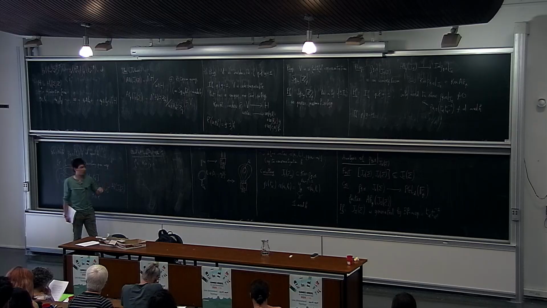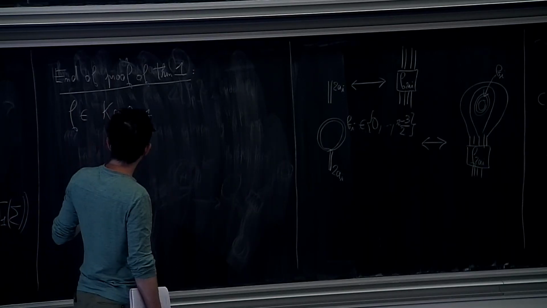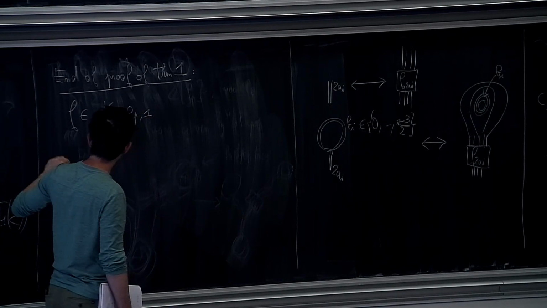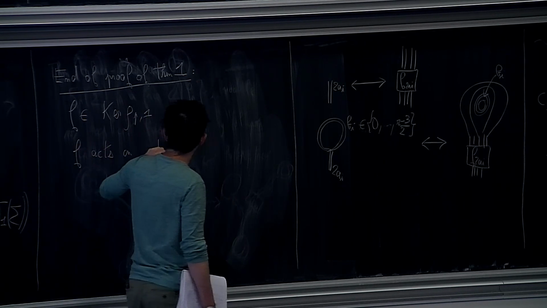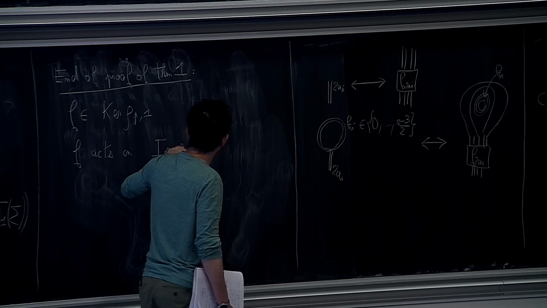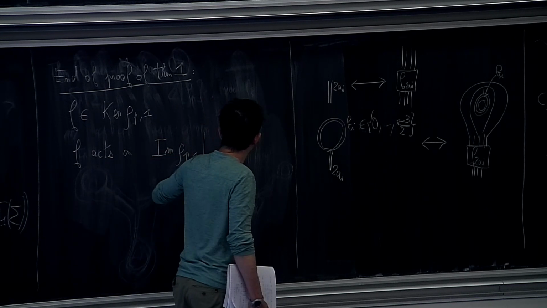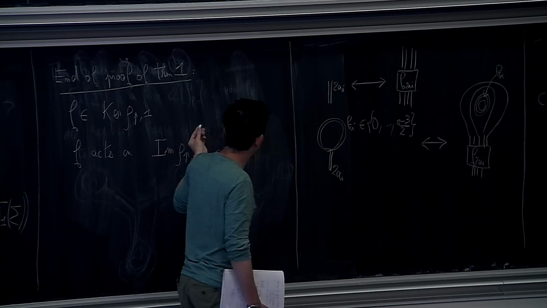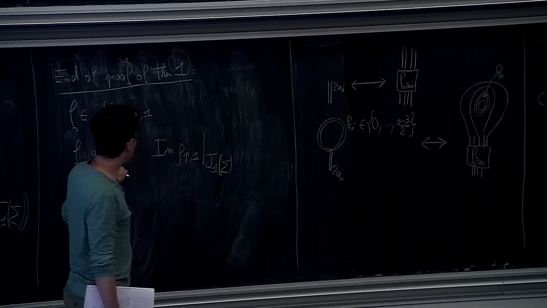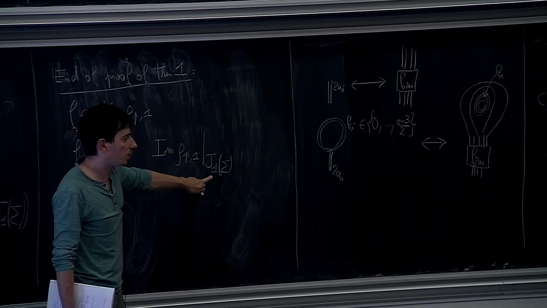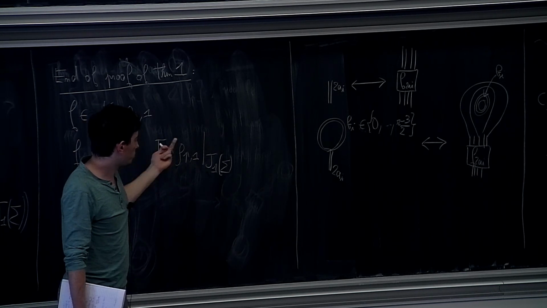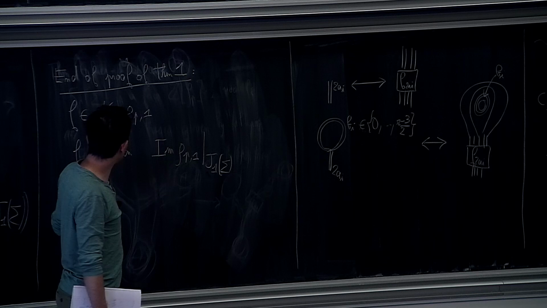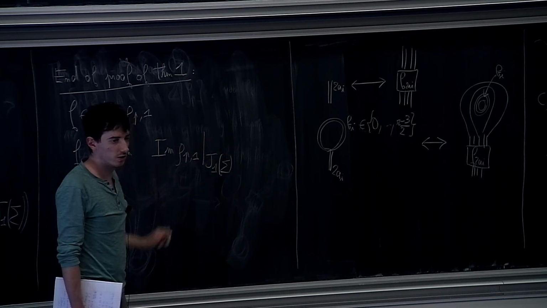It can be in the mapping class group. So what I say is that f acts on the image of rho p1 restricted to J1 of sigma by conjugation. When you have an element of J1 of sigma, conjugate by f, it will still be in J1 of sigma. So you will get an action of mod sigma on this space.